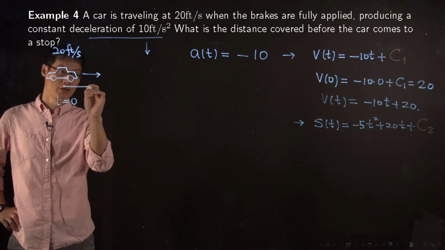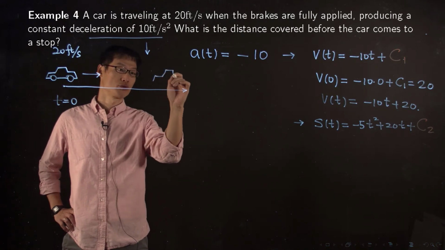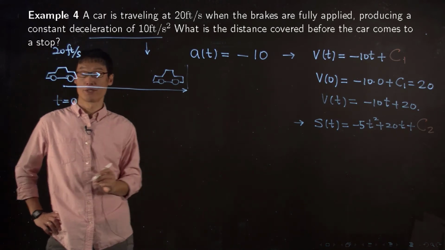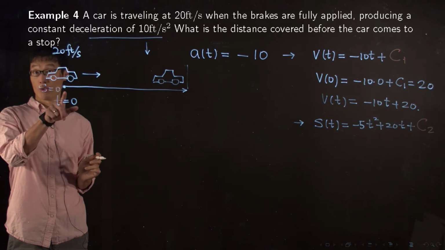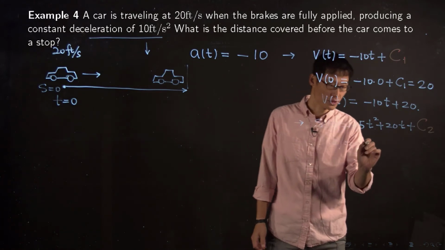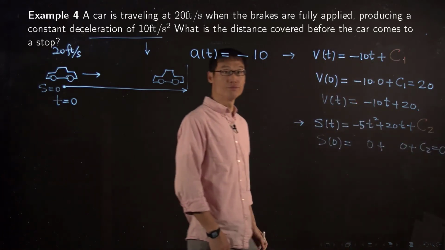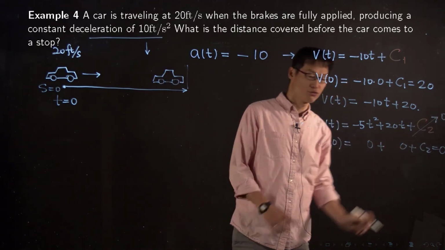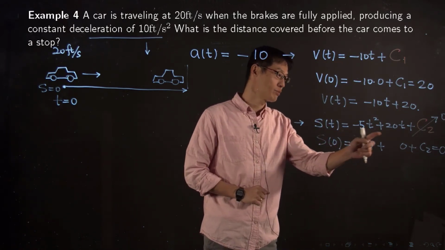You can declare this is the positive direction, and you want to know how much the car travels until it stops. So s of 0 is 0. So we have full information for s of t, which is just a quadratic function, negative 5t squared plus 20t.